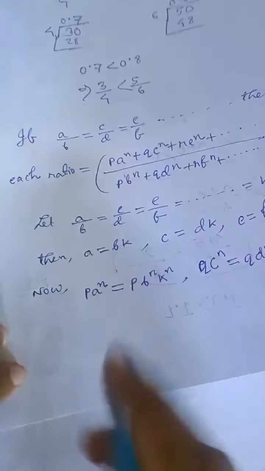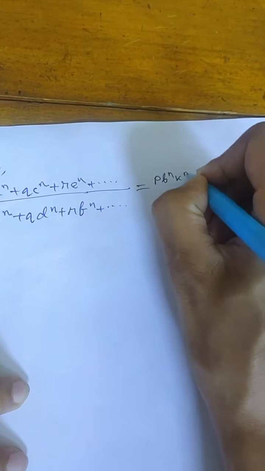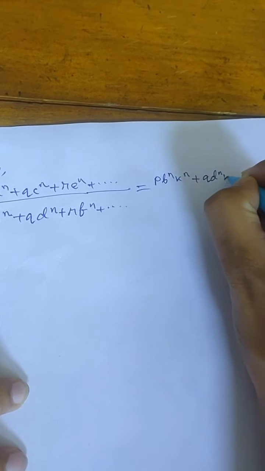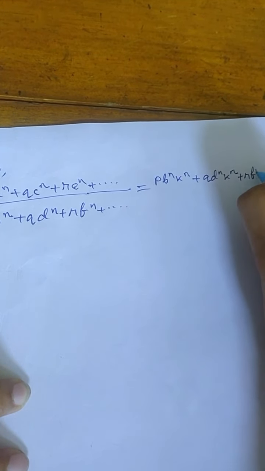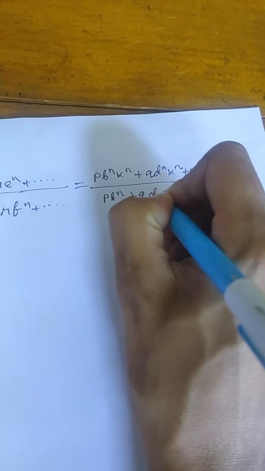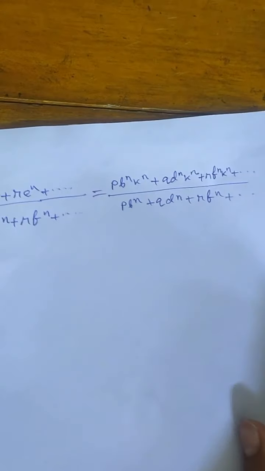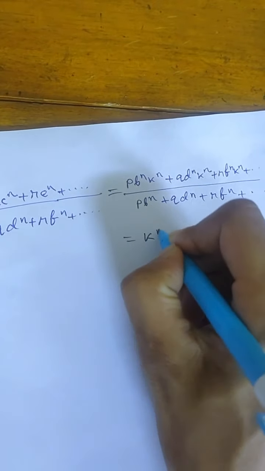So it will be like p b to the power n k to the power n plus q d to the power n k to the power n plus r f to the power n k to the power n, and divided by p b to the power n plus q d to the power n plus r f to the power n. The bottom part will remain the same, so equals k to the power n.